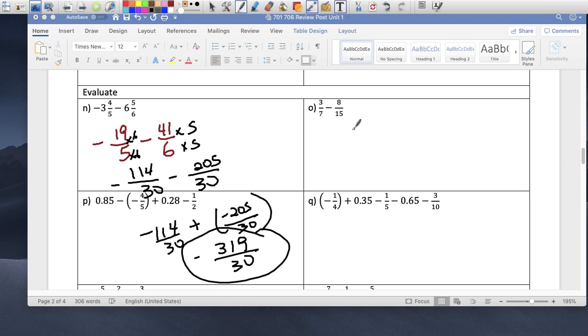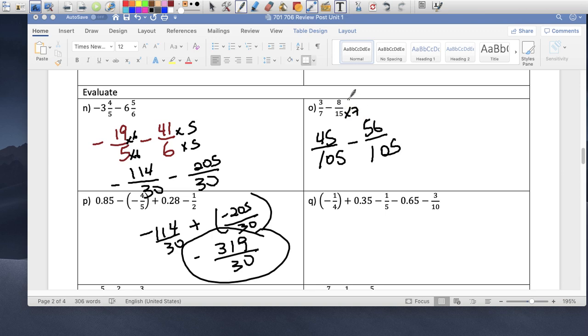This one, what's the common denominator between 7 and 15? I think it's going to be 105. I have a feeling it's going to be 105. And it is. So this was times 15. Times 15 is 45. Times 7 here. It's going to be times 7 at the top, right?